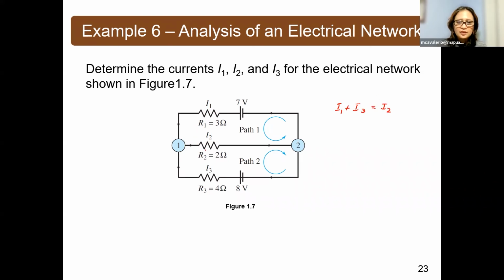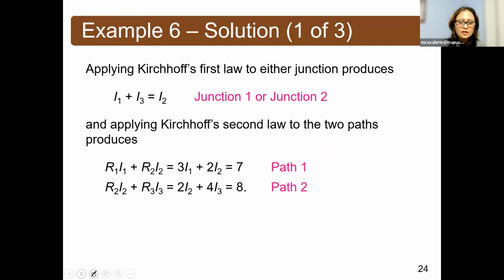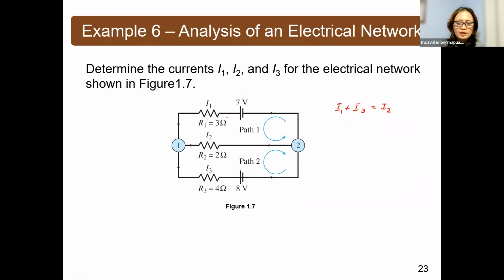Now, the second condition, according to Kirchhoff, is that the sum of the products IR around a closed path is equal to the total voltage in the path. So we can see here that we will have this direction.